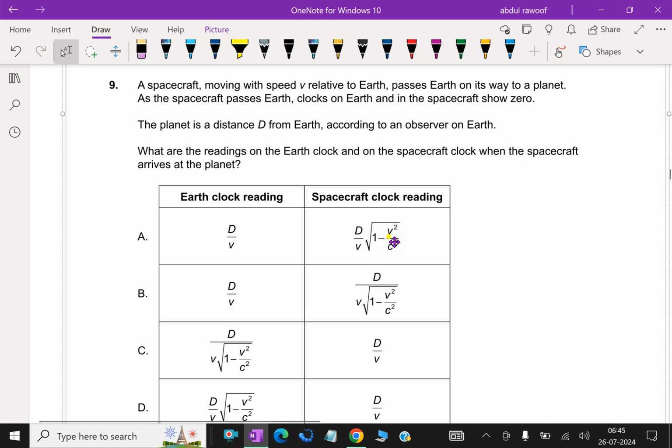So this ratio we have to multiply with the time, and the spacecraft clock reading is slowed down by this much. So this is the direct formula.